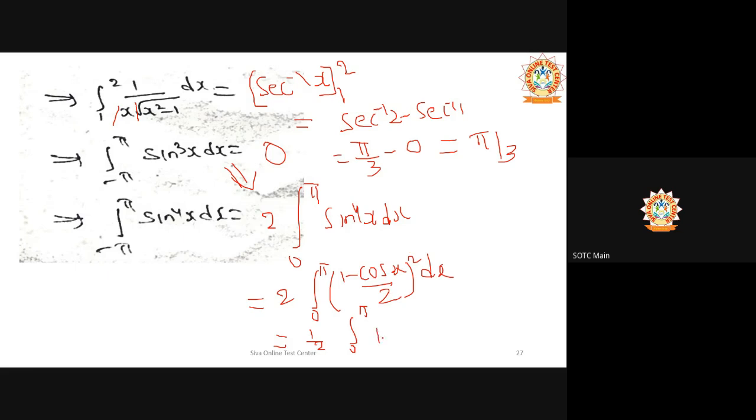Apply this, it will come 1 plus cos square 2x, then minus 2 cos 2x. So for this you need to apply the integration. Here cos square 2x you need to write as 1 plus cos 4x by 2, right? So in this way you need to solve this question.